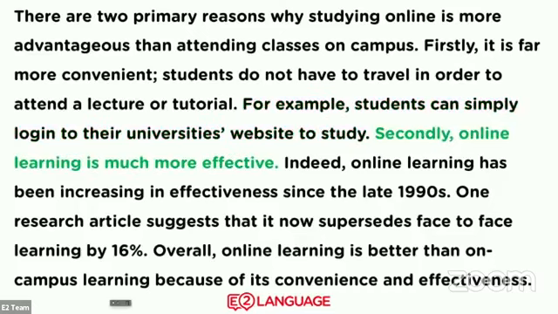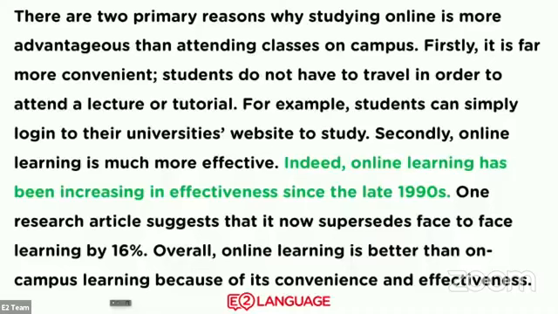Second idea, secondly, online learning is much more effective. Okay, let's go back. The first idea was about convenience. Secondly, online learning is more effective. The second idea is effectiveness. Indeed, online learning has been increasing in effectiveness since the late 1990s. Evidence.